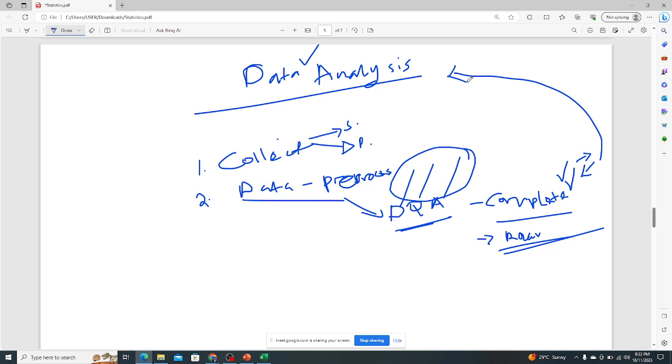For example, if you are selling a product online, and of late you are experiencing what we call customer churn, meaning most of your customers are running away from your products, maybe you will have to get data relevant to the purchases, the purchasing information of your customers.